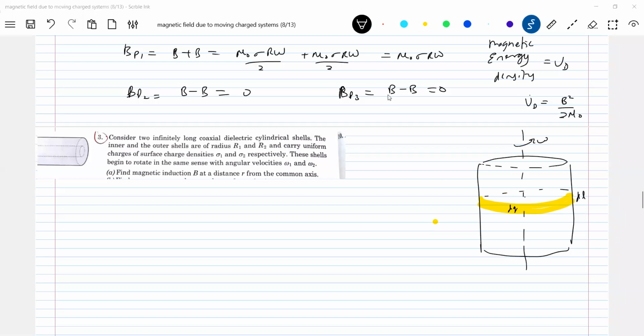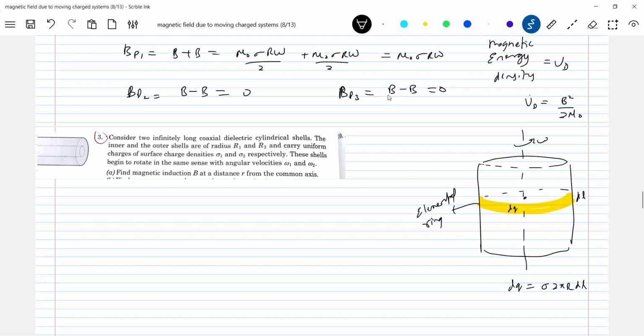You'll get the same answer. The method is different, the approach is different here. There's an elemental ring. What is dq? You should write it as sigma into 2 pi r into dl. Are you getting it now? You have to be careful here. Then work out the problem. First you calculate the B bar due to this ring, then due to the total.